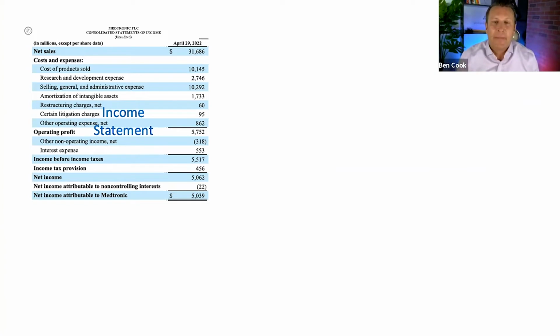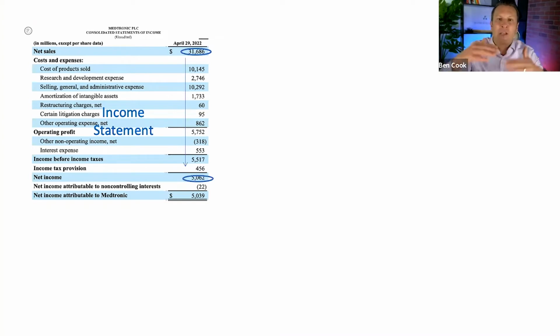So the very first financial statement in this flow is the income statement, or what Medtronic referred to as the statements of income. We also refer to it as the P&L. It starts with the sales of the company. You can see Medtronic generated 31.6 billion, almost 31.7 billion in sales in this latest year. And then they have all of their costs associated with operating the business.